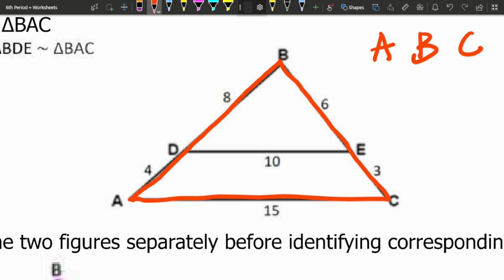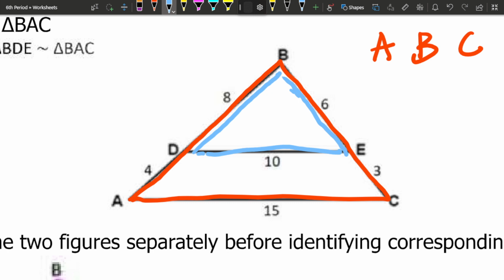Now the other triangle, which one is it? D and E. What else? B, D. D, B, and then you go down to E and connect them, right?